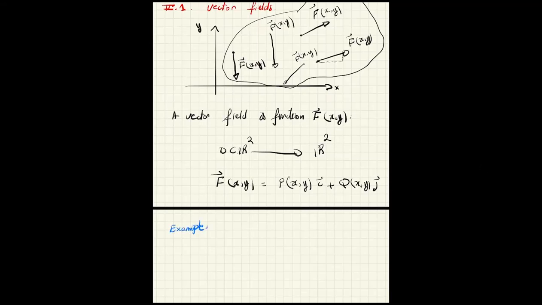An example would be F of x, y equal to minus y i plus x j.